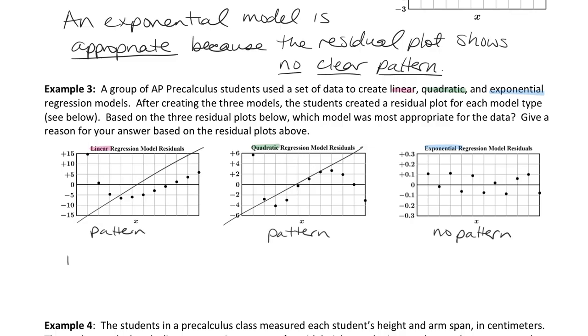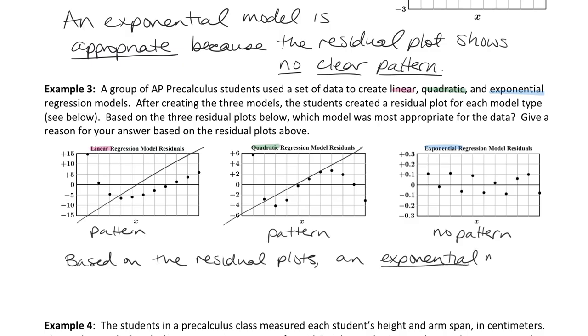So we would write the conclusion that based on the residual plots, an exponential model is most appropriate.